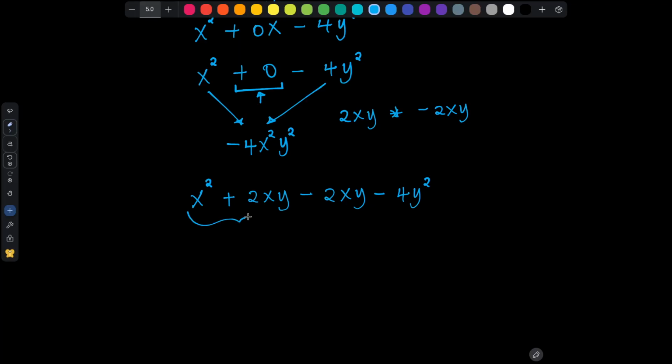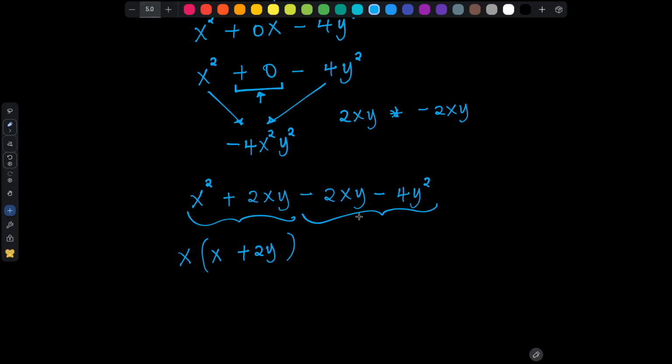This is the first pair, and this is the second pair. In the first pair, the common factor is x, so let's factor out x. Then x squared divided by x leaves us with x, and 2xy divided by x leaves us with plus 2y.